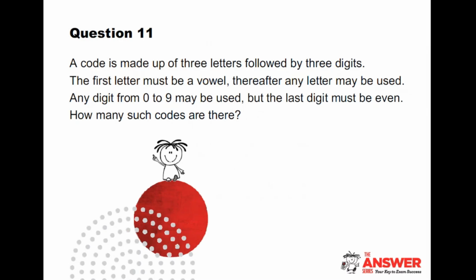Question number 11. A code is made up of 3 letters followed by 3 digits. Same thing. The first letter must be a vowel. Thereafter, any letter may be used. Okay, any letter. So it doesn't say anything about I can't repeat. Any digit from 0 to 9 may be used, but the last digit must be even.